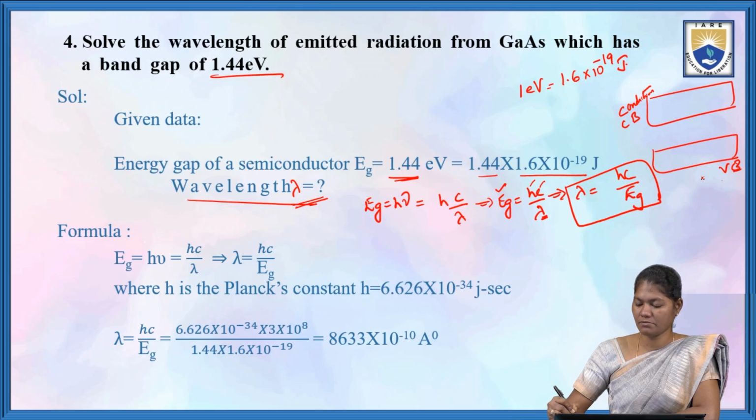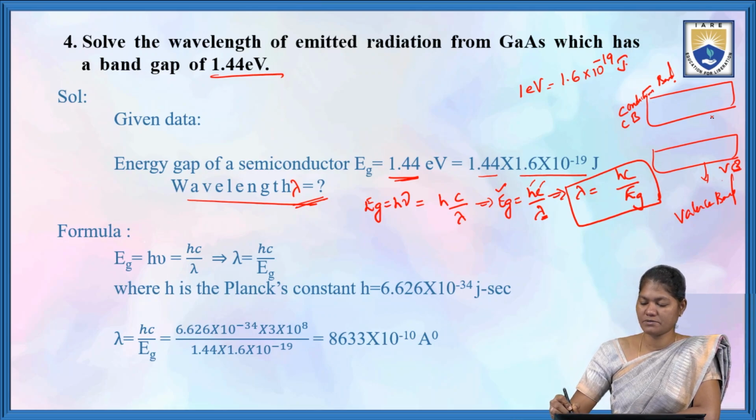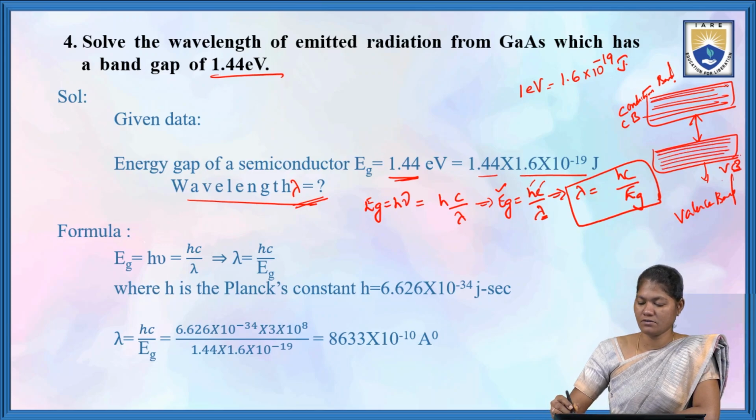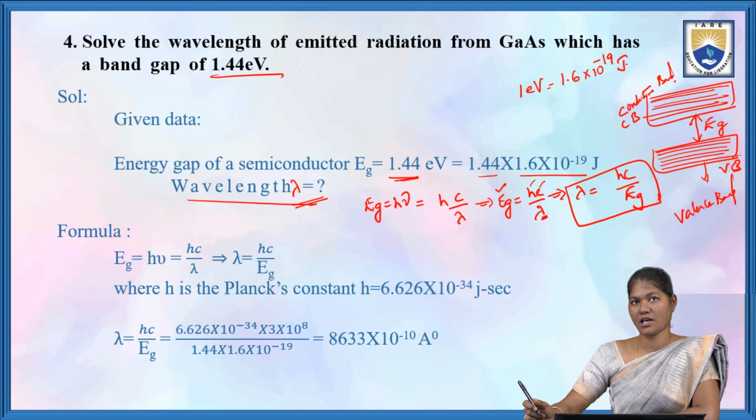So this is the valency band and this is the conduction band. Here in between the valency band and conduction band, there is an energy gap.